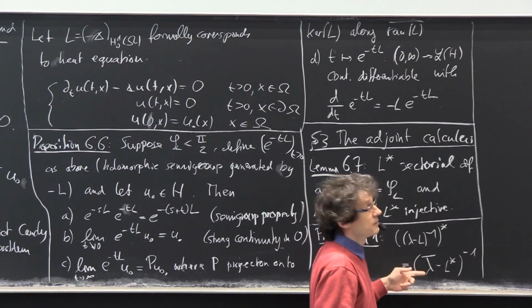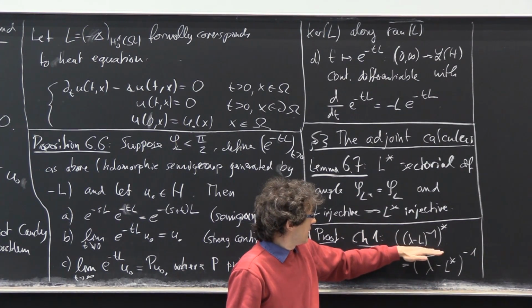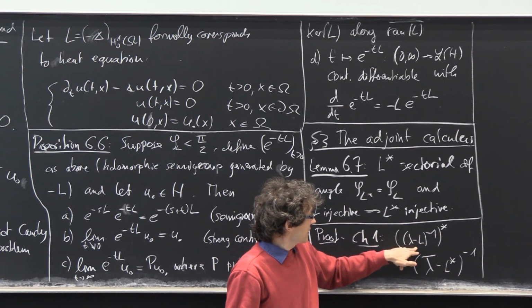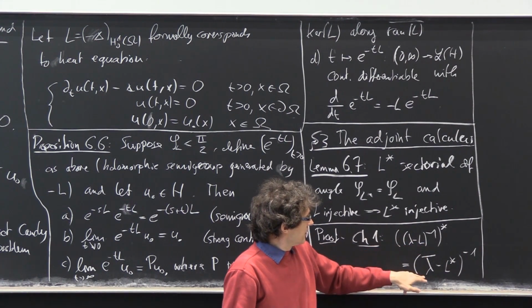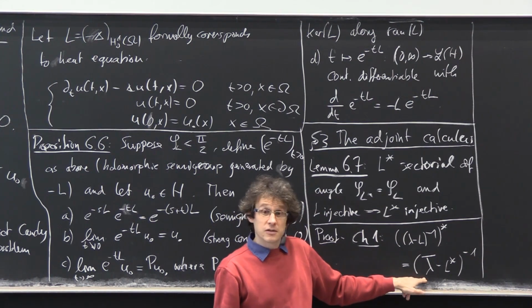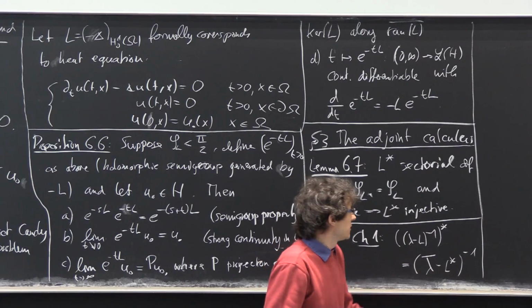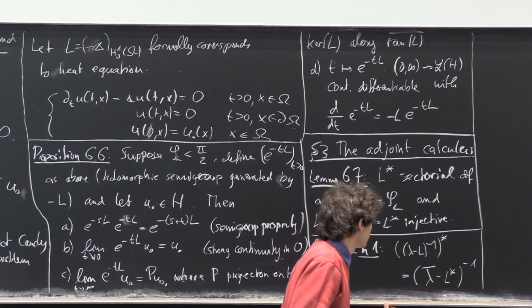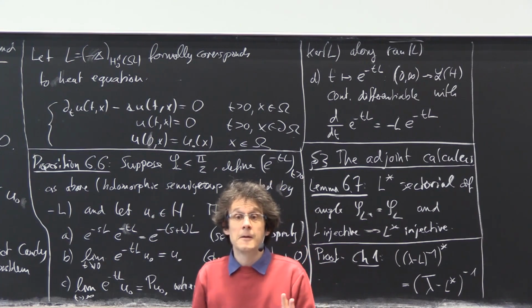And now this means that once a lambda is outside the sector, in the resolvent set of L, the corresponding lambda bar, which is then also outside the sector, is in the resolvent set of L star. So you get that the spectra of L and L star are in the same sector.